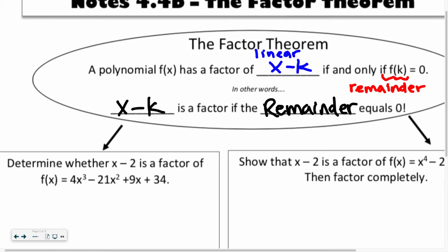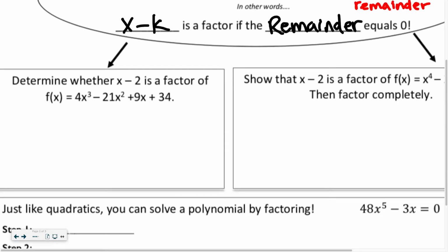All right, let's do the first box on the left. We're going to determine whether or not x minus 2 is a factor of f of x equals 4x cubed minus 21x squared plus 9x plus 34. We know from the factor theorem that x minus k is a factor when the remainder equals 0. So I want to find the remainder, which basically means I want to do polynomial division.